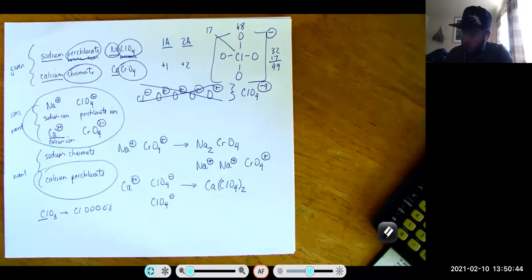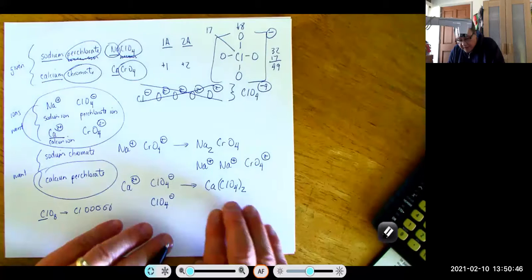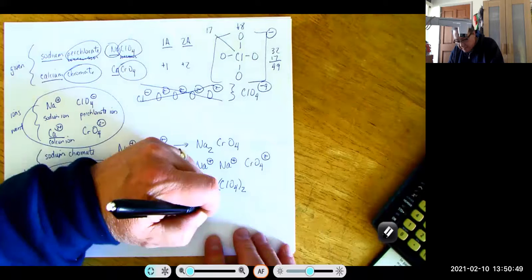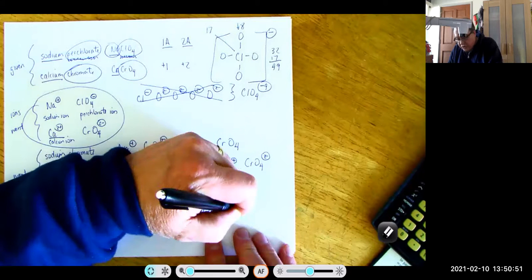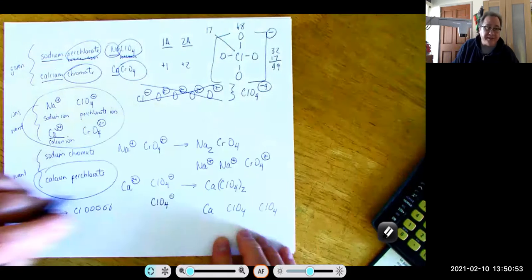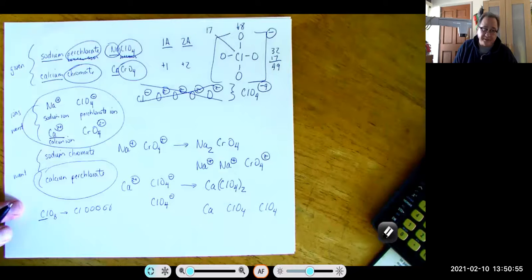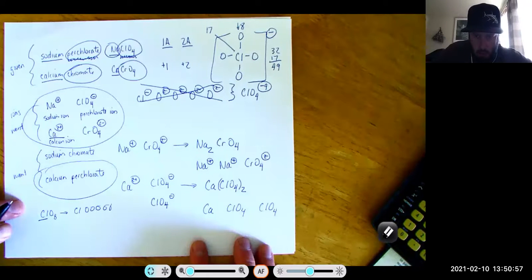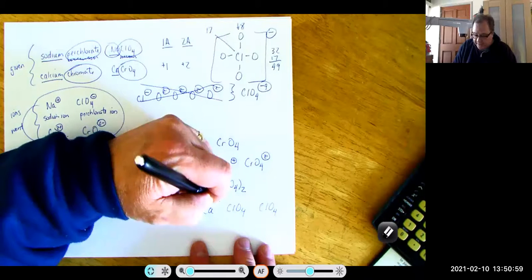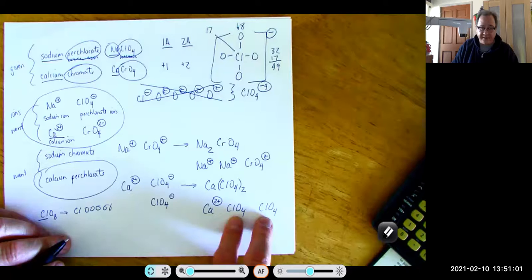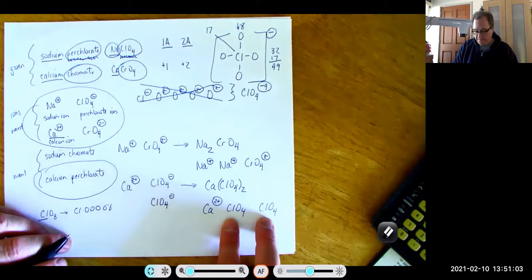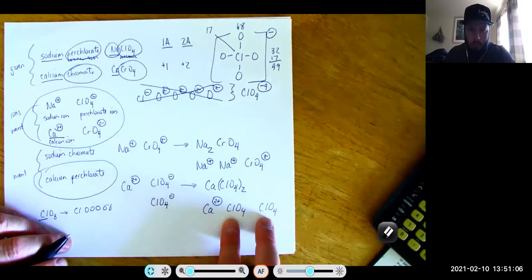Okay. So what does this mean? This means 1 calcium and 2 of what's inside the parentheses. That makes sense. And we know these are +2. So what does that mean each of these has to be? -1. Correct.